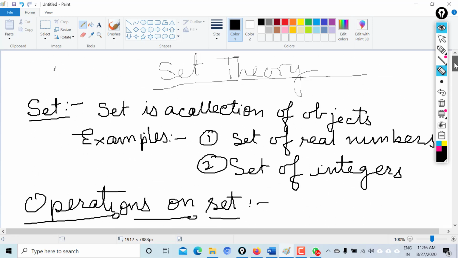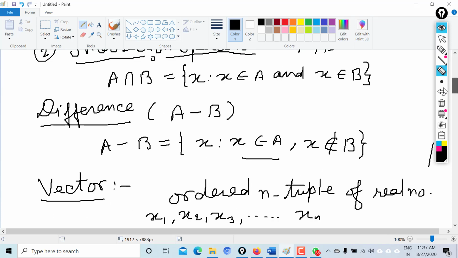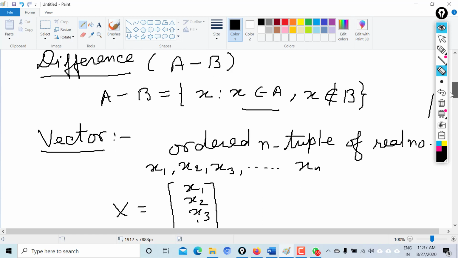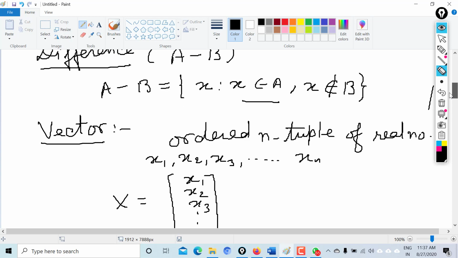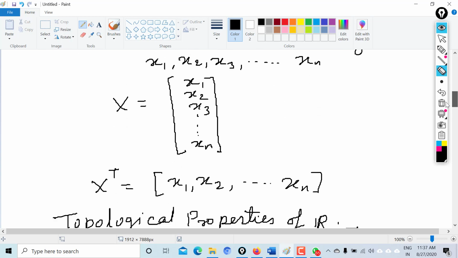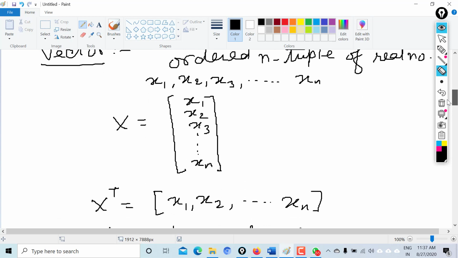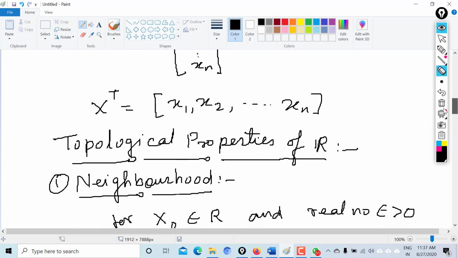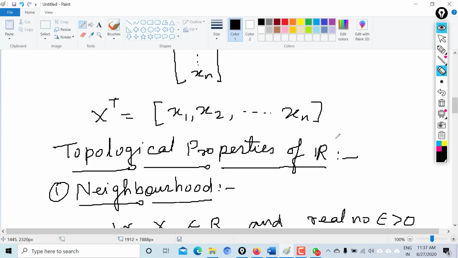So in this way we have studied some points of set theory. First of all we learned what a set operation is. There can be many operations, but because we have already studied up to the intermediate level, I have not gone deep. What is a vector? A vector is represented either as a column vector or a row vector. Different topological properties of R^n have also been discussed here.